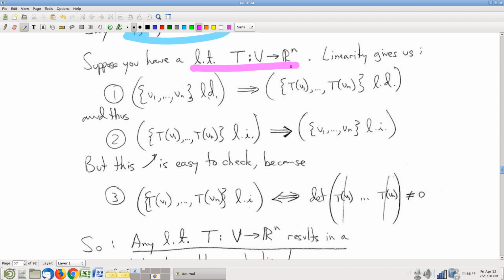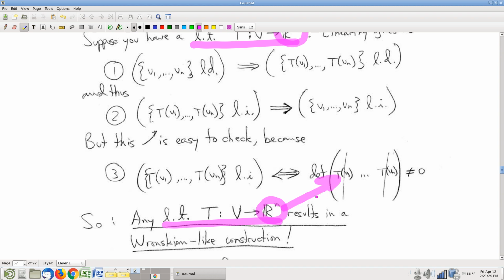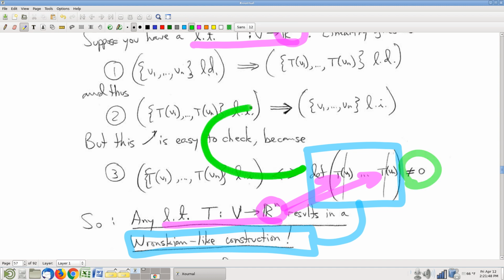This Euclidean valued linear transformation, like so, allows you to define this construction, what I'm going to call a Wronskian-like construction. Let me just leave that hanging for a moment. But this construction has the amazing feature that non-zero implies independent.